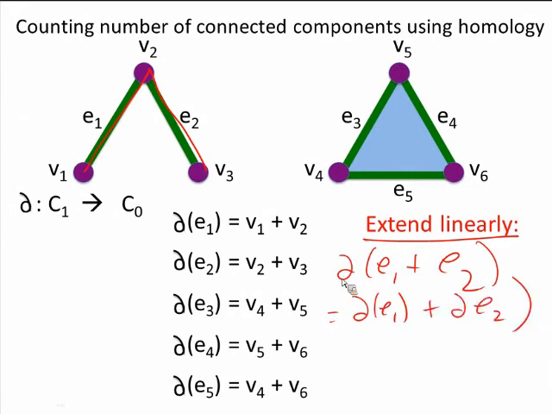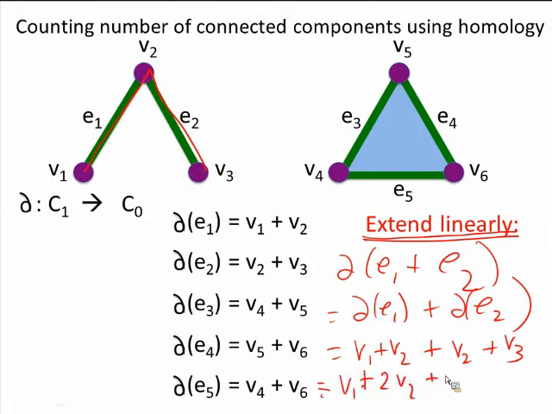So we just distribute our boundary across our E's. If we had any scalars other than 0 or 1, we could pull out the scalars, our coefficients, but we don't have that, so we can just distribute our boundary across the sum. That's what it means to extend linearly. And so now I have boundary of E1 is V1 plus V2. My boundary of E2 was V2 plus V3. And so I get V1 plus 2V2 plus V3.